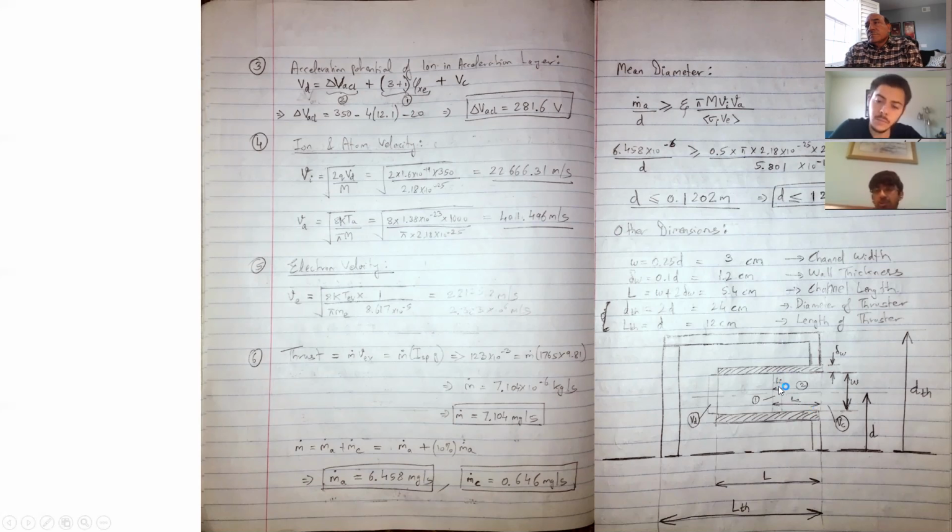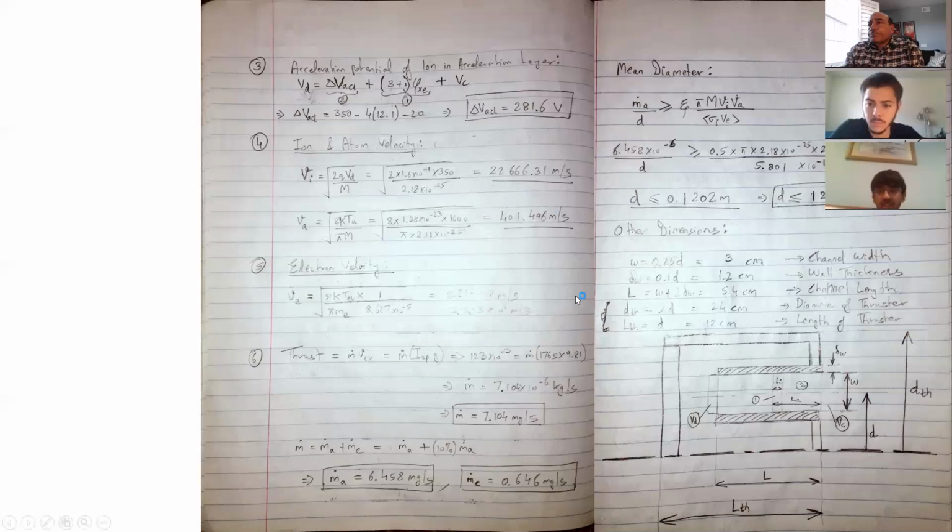There are two regions in the Hall thruster, the ionization region and the acceleration region. The ionization region has been marked as 1, and the acceleration region has been marked as 2. The discharge voltage distributes itself in the ionization region, in the acceleration region, and ending at the cathode.